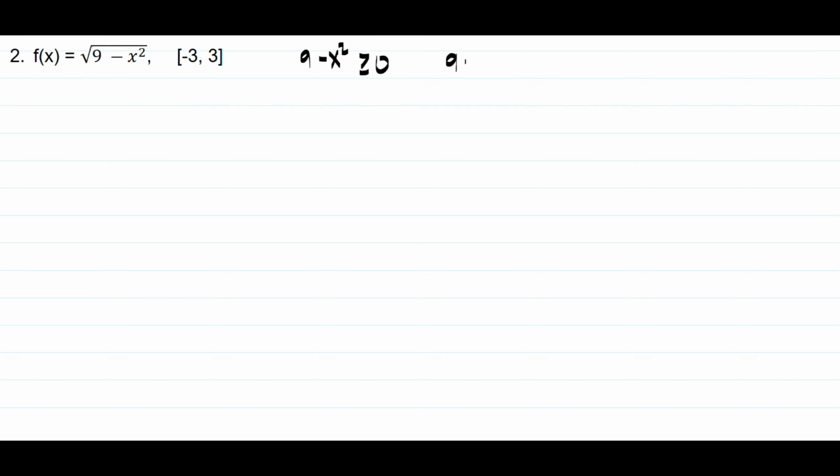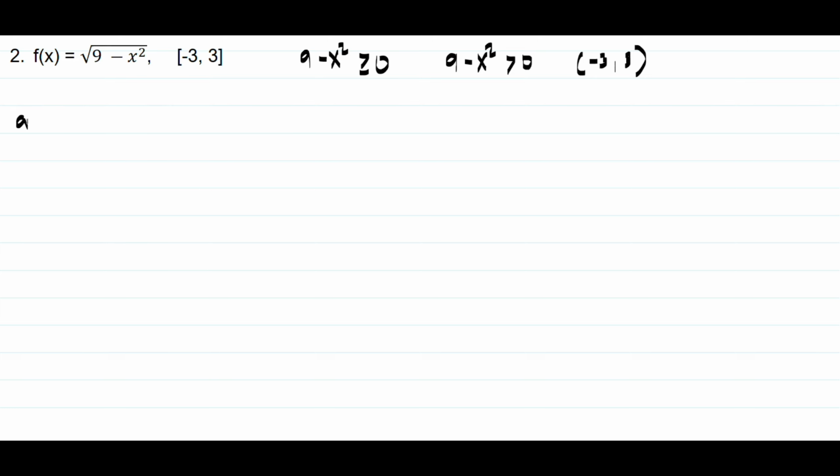Therefore, whenever 9 minus x squared is greater than 0, the function is continuous in the open interval negative 3 to positive 3. So let us check whether the function square root of 9 minus x squared is continuous on the closed interval negative 3 to positive 3.